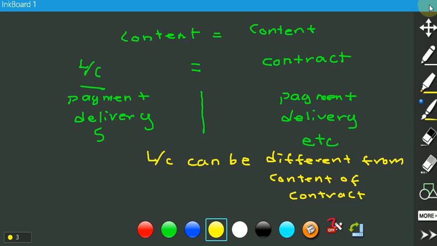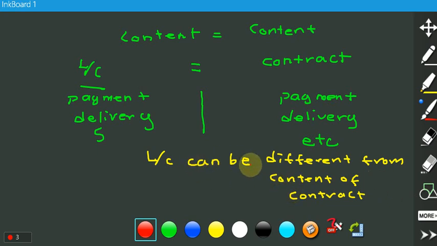This is called the independence principle. In this case, this one and this one can be different.